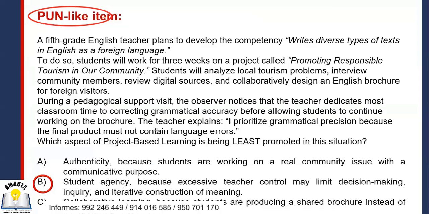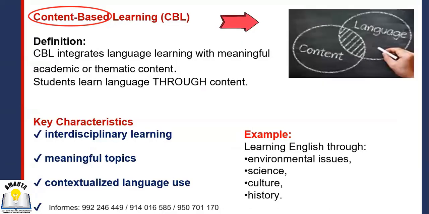Because when the teacher at any moment says, no, this is bad, you have an error here, the spelling is bad, correct it, the student is not really autonomous, right? So the student agency is being affected and is the least promoted here. I think it's not promoted at all in this situation with the observer, right?